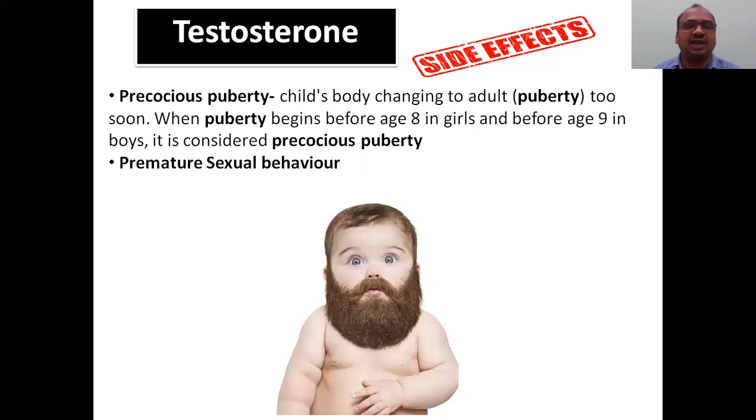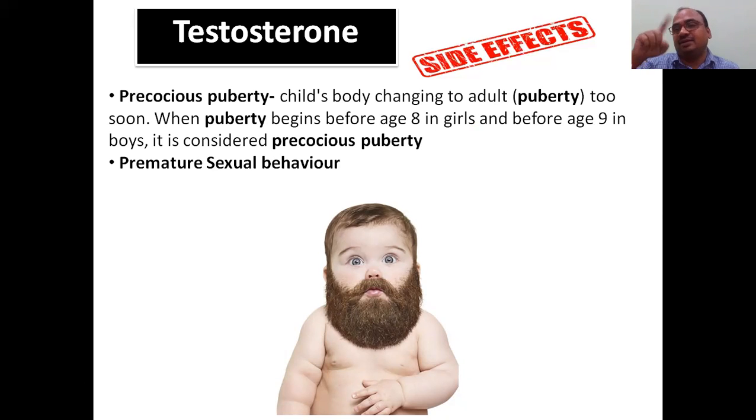Very dangerous. And if testosterone is more in the body, a child will directly become an adult. That is the main problem. Precocious puberty, the child's body changing to an adult. Puberty, too soon, very early. Here I have mentioned the age also. Puberty means becoming an adult.